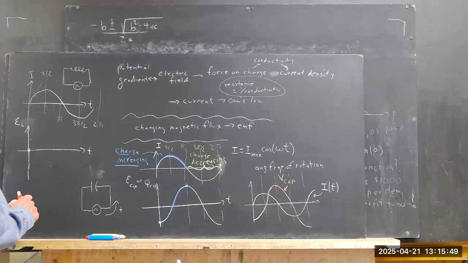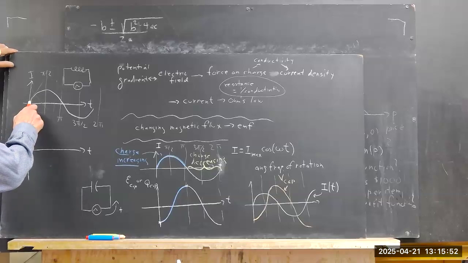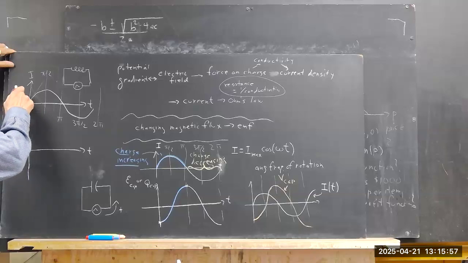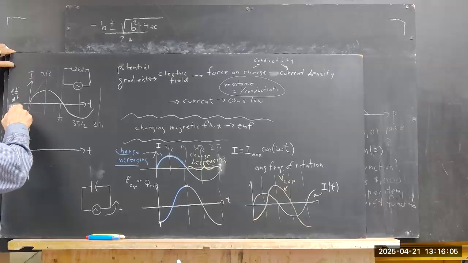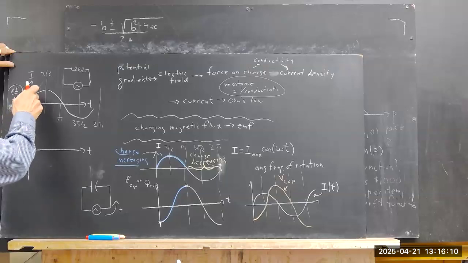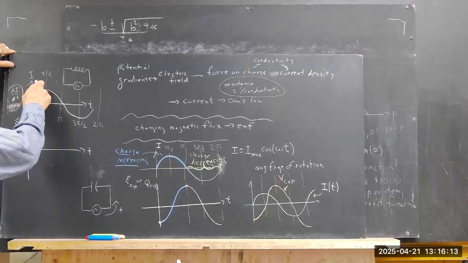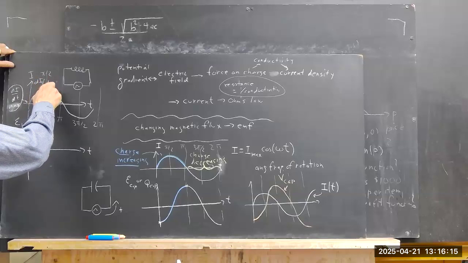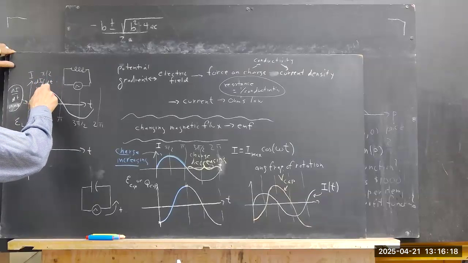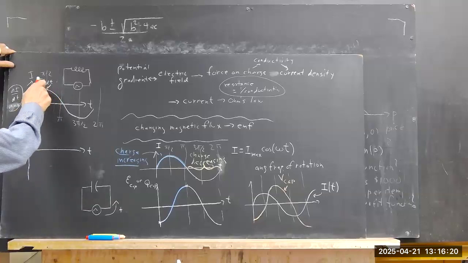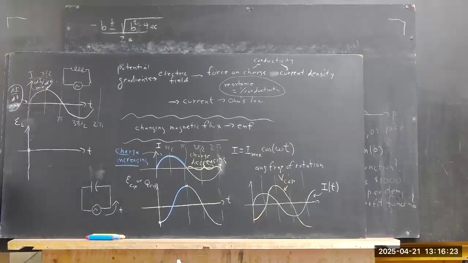But what's going to happen is your di/dt maximizes here, minimizes here. The rate of change is greatest here.